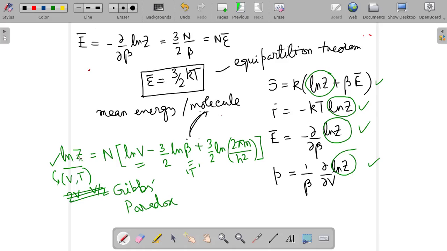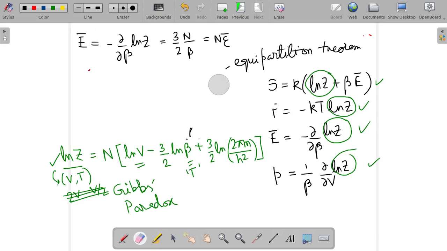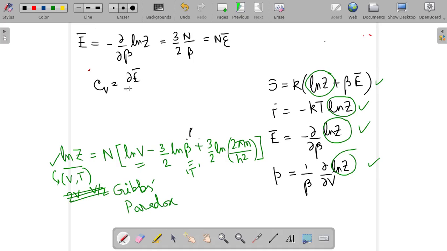Next, you can also determine the specific heat, which is Cv, del E bar del T at constant volume. It is 3/2 Nk.